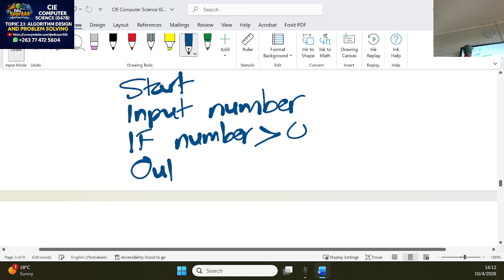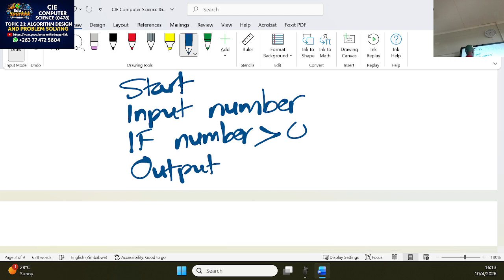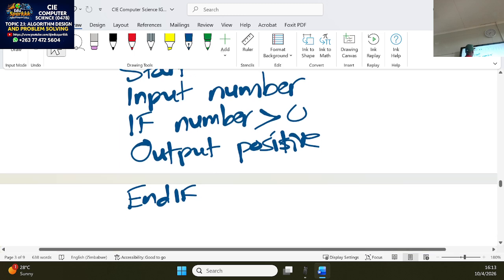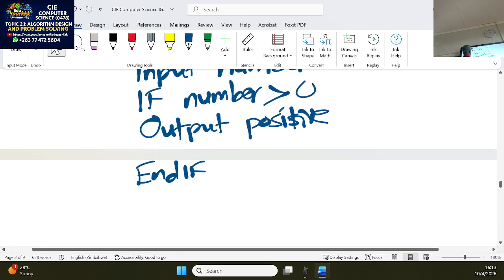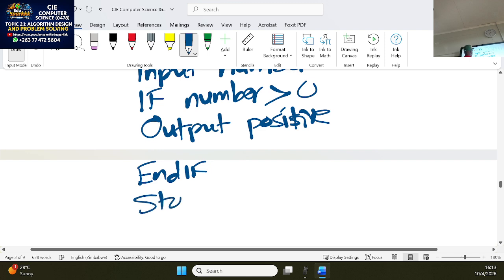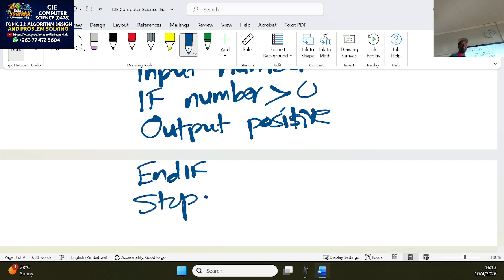So we can output or display positive. Then we end our if, then we stop or end the program. I think basically that's what we have on an algorithm that is designed to determine whether a value is positive.